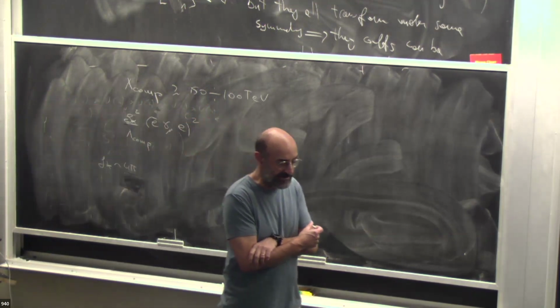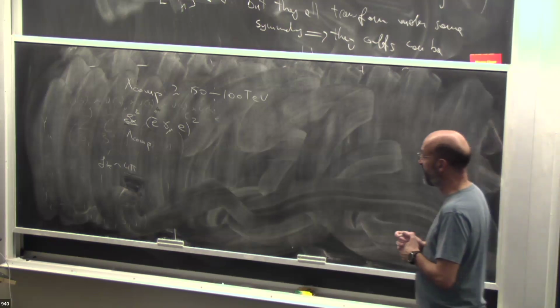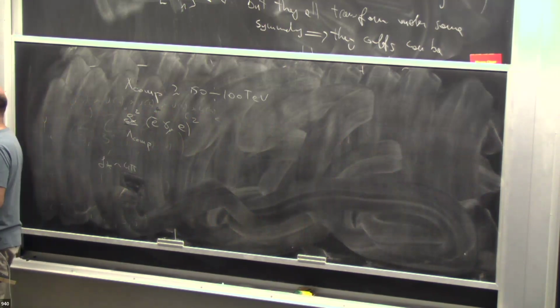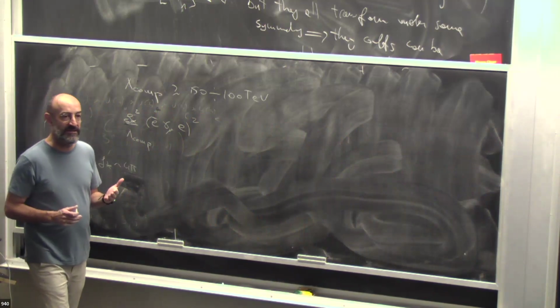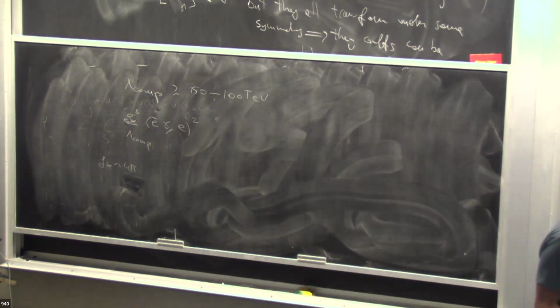So this seems very high, and if you're aiming at compositeness around the weak scale, it's better to treat the standard model fermions as elementary. The standard model fermions are charged under the vector bosons. It's hard to imagine the fermions being elementary and the vector bosons being composites, so the vector bosons also have to be elementary.